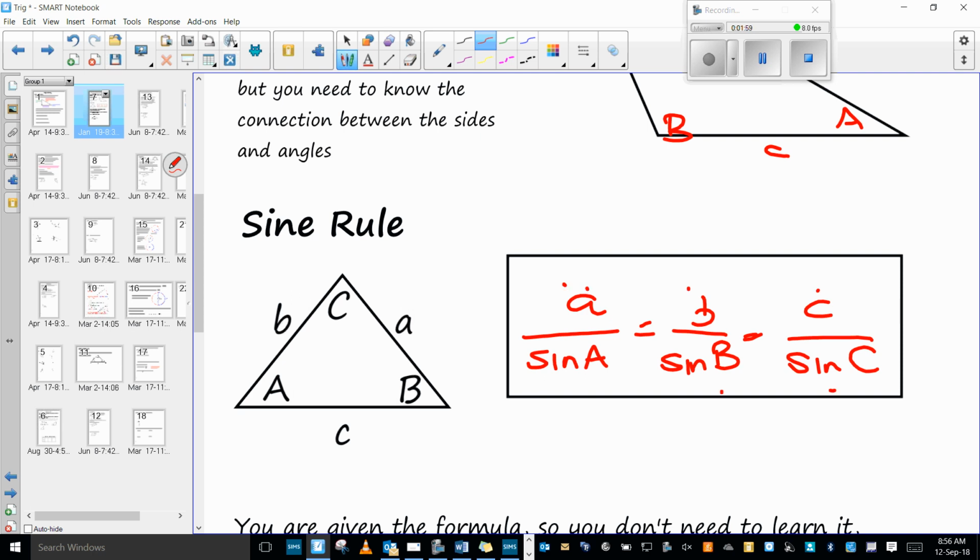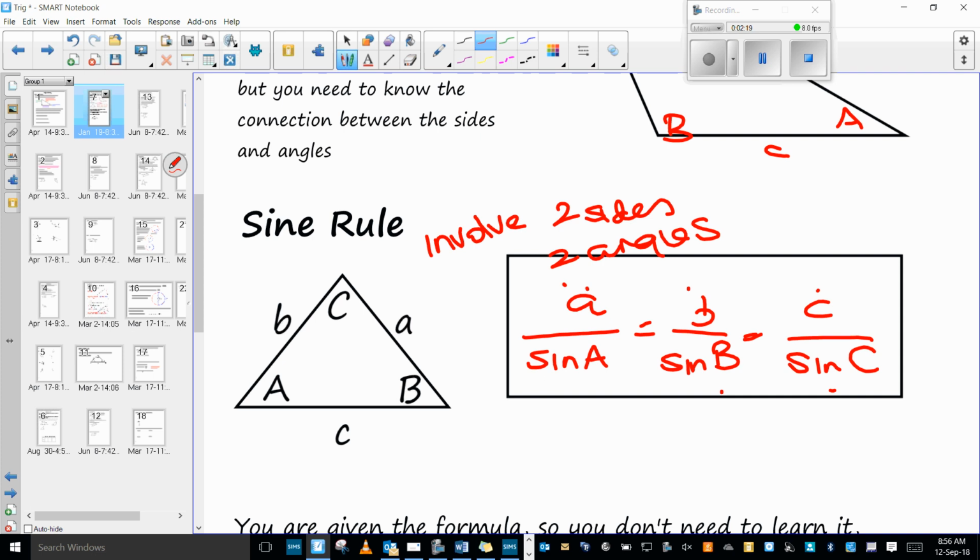For the sine rule, your question will always involve two sides and two angles. Of those two sides and two angles, one of those things you're going to be trying to calculate.